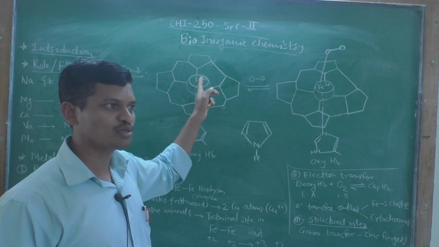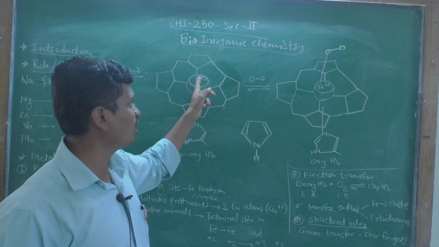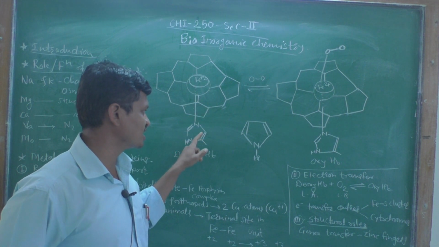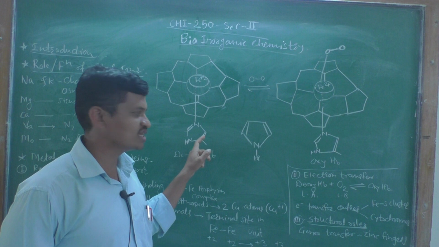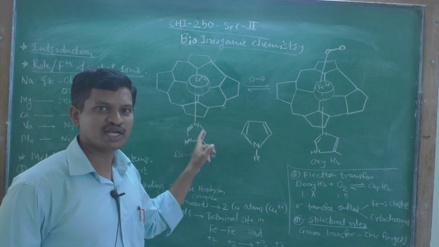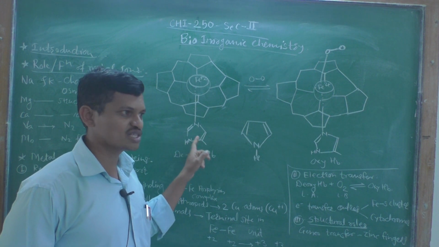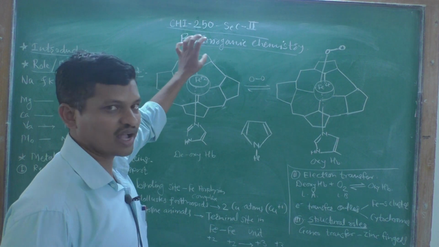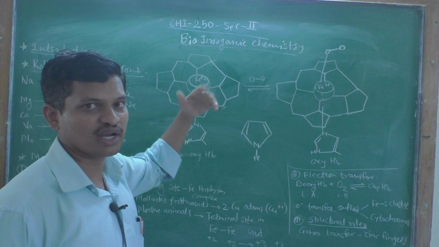On the other side there is an imidazole ring, again a 5-membered ring with 2 nitrogen atoms. So the top side is vacant for this Fe2+ to coordinate with.